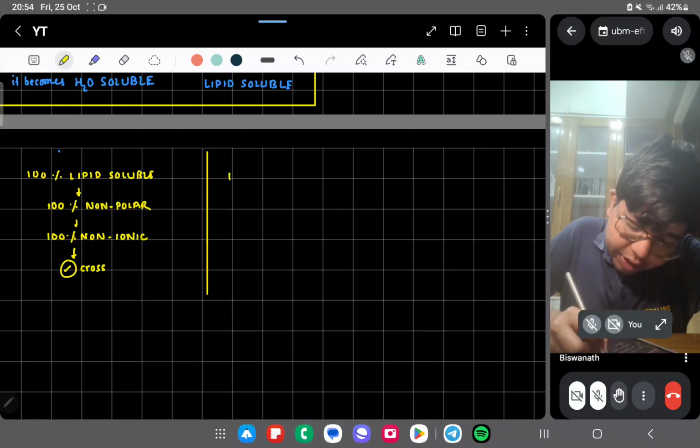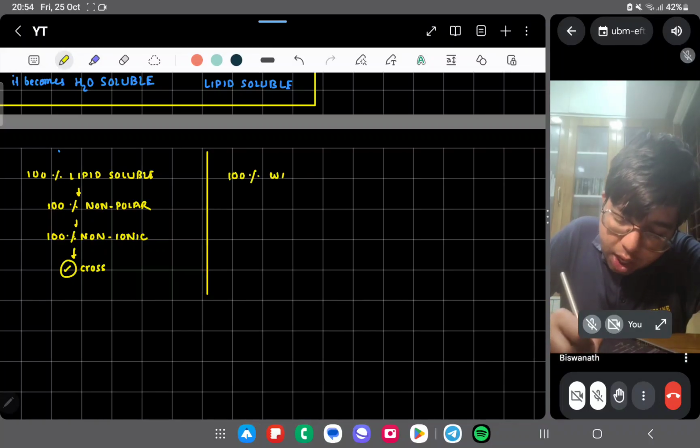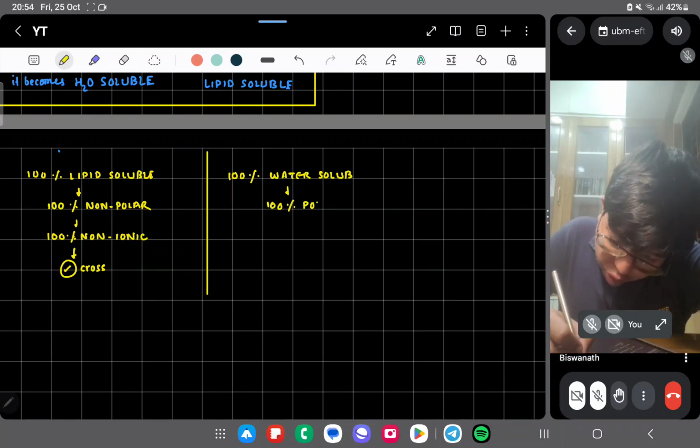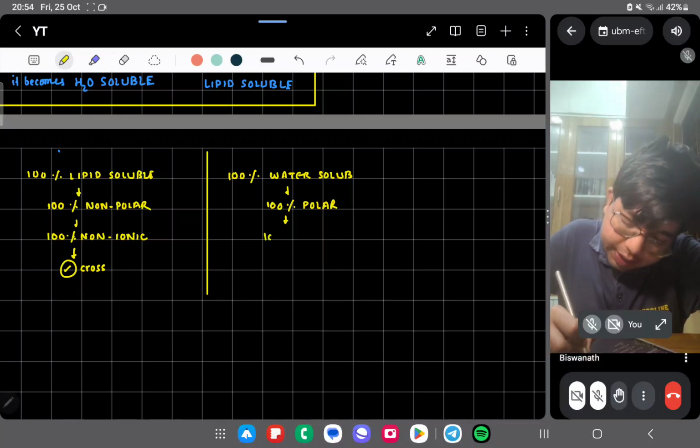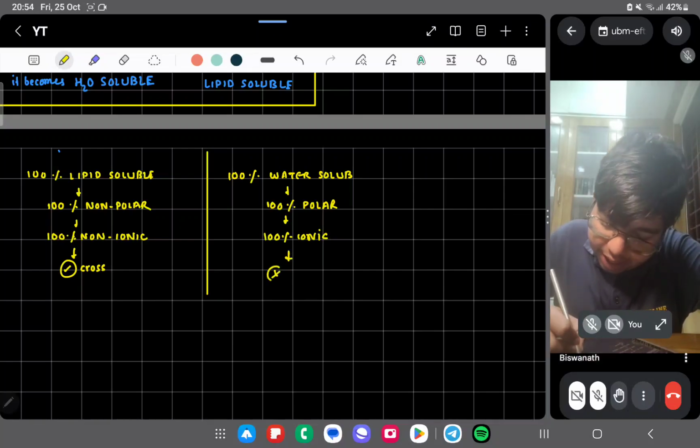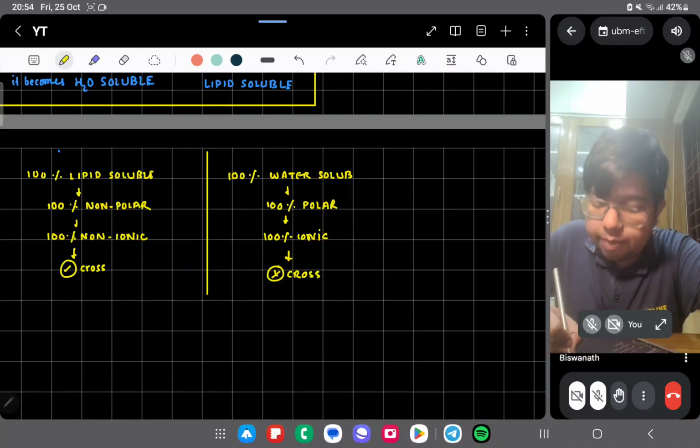In contrast, when you say that a drug is 100% water soluble, the drug is 100% polar, 100% ionic, and it cannot cross the cell membrane.